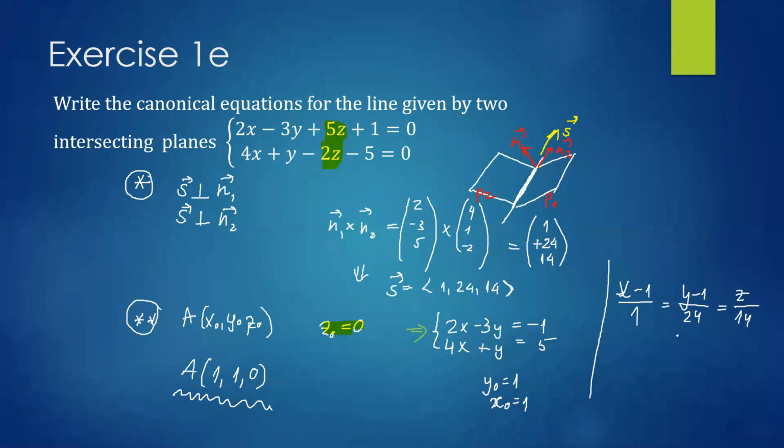So what might be different in the canonical equations? You could have different points. It would depend on the values you get for some point on this line. The direction vector might have, let's say, greater numbers. You could have 2, 48, 28, for example.